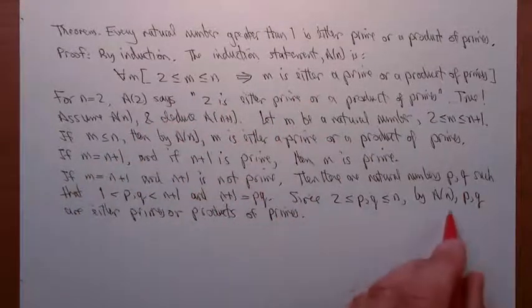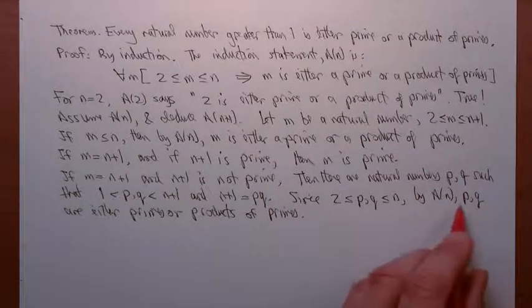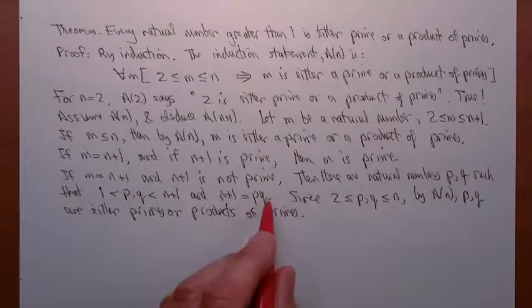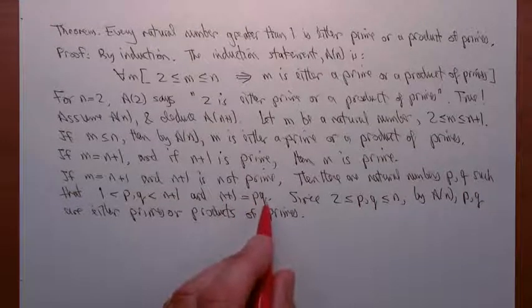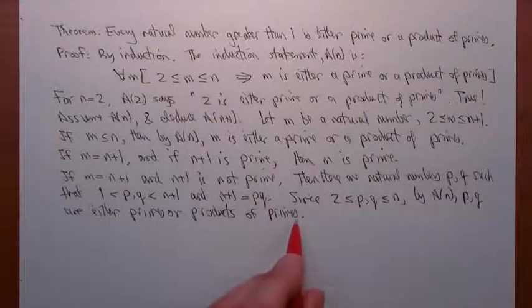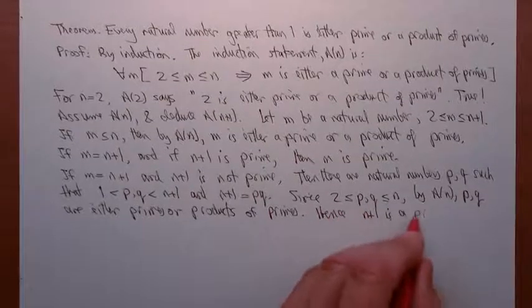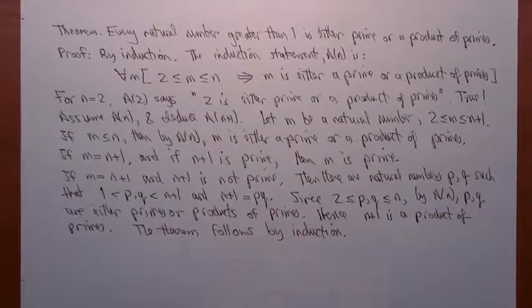They're less than or equal to n, so by A(n), each of these is either a prime or a product of primes. But n+1 is a product of them. So n+1 is a product of two numbers, each of which is either a prime or a product of primes. Hence n+1 is a product of primes. The theorem follows by induction.